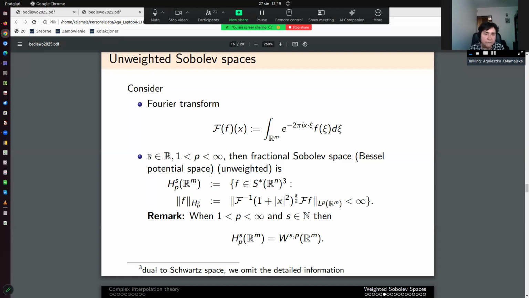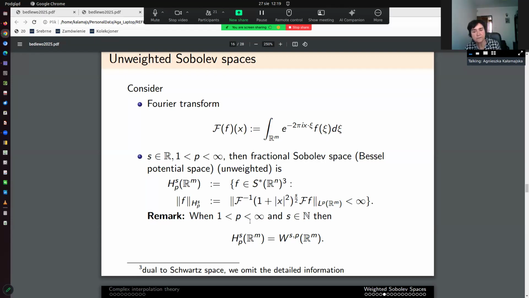And we take any real S and P between 1 and infinity, and we define the fractional Sobolev space, the particular one, which is called Bessel potential space, still unweighted, as those F such that if I take the Fourier transform of F, multiplied by (1 plus xi squared) to the power S over 2, and invert the Fourier transform, then it has finite LP norm.